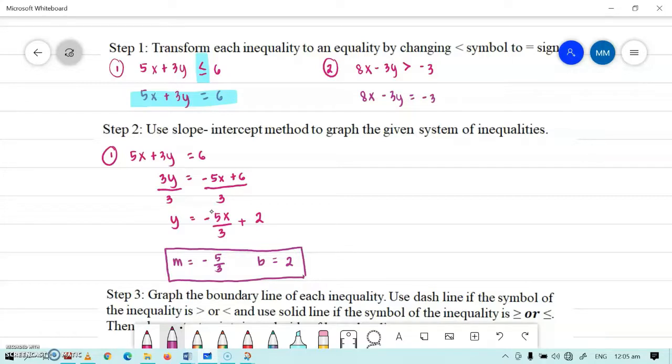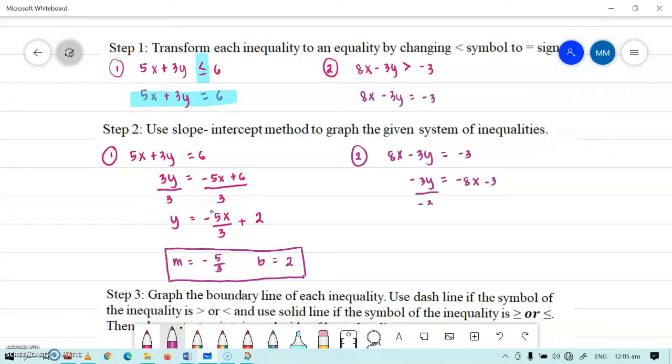And now let's proceed to the second inequality. So I have here 8x minus 3y equals negative 3. So isolate negative 3y, which is equal to negative 8x minus 3.